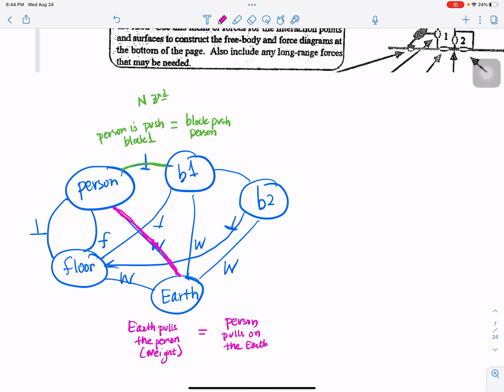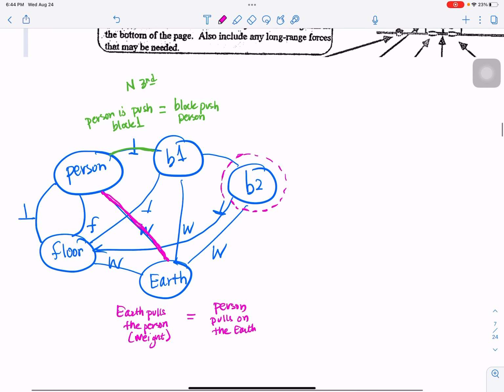Okay, now the last thing we want to do is identify which object we want to do a free body diagram for, because we have 3 basic objects. We could do the person, we could do block 1, we could do block 2. So I'm going to do block 2. So I'm going to draw a boundary around block 2, and I see that there are 3 interactions with block 2.